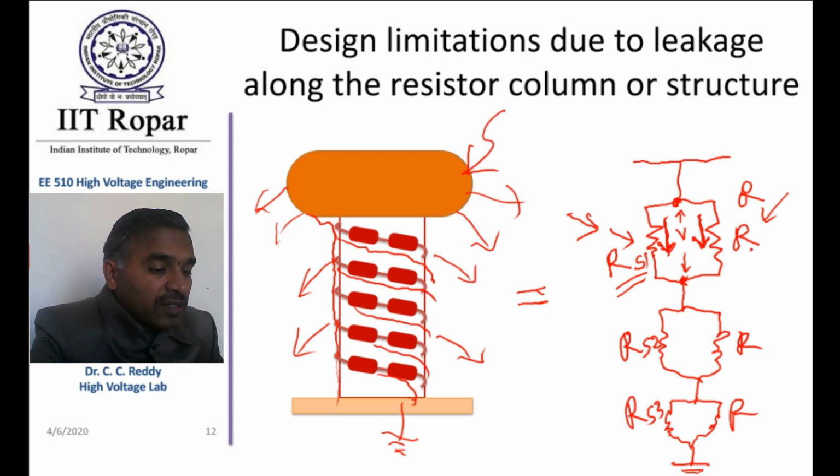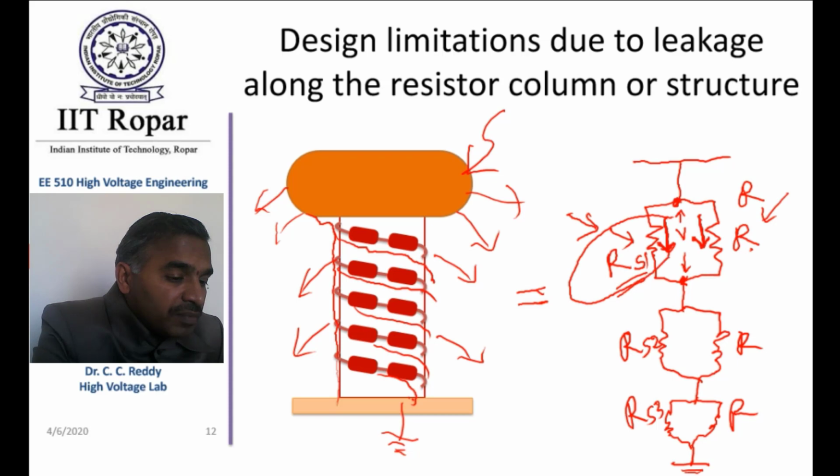Which will dominate? The surface leakage current is high, and its resistance is small. In parallel, always the smaller resistance will dominate. This will dominate, and the divider has no effect. Then the fundamental principle itself will fail.